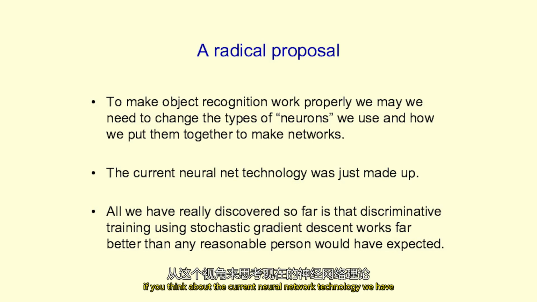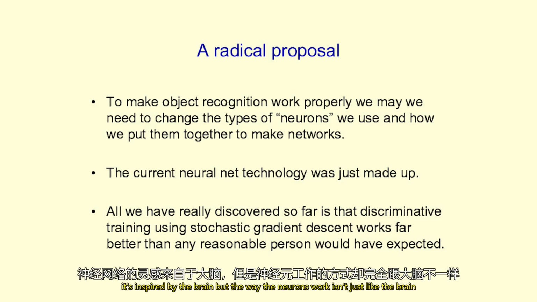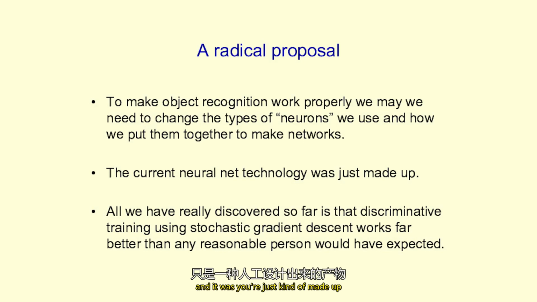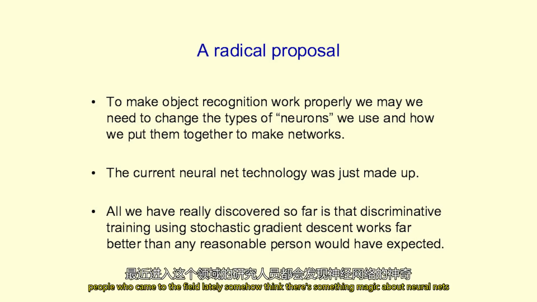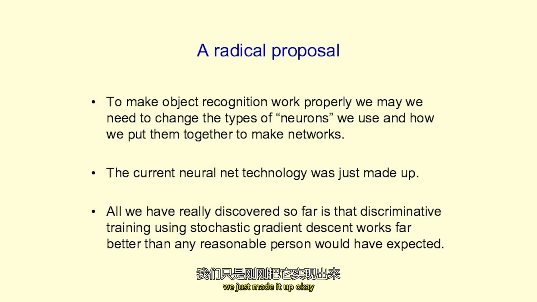If you think about the current neural network technology we have, it's obviously not exactly like the brain. It's inspired by the brain, but the way the neurons work isn't just like the brain, and it was all just kind of made up. People who came to the field lately somehow think there's something magic about neural nets. We just made it up, okay?